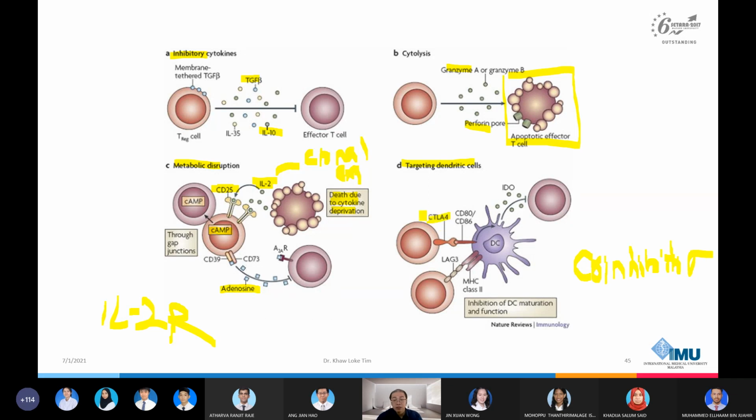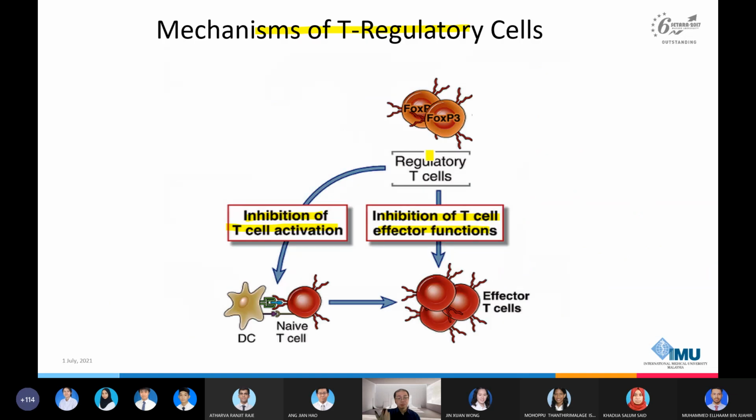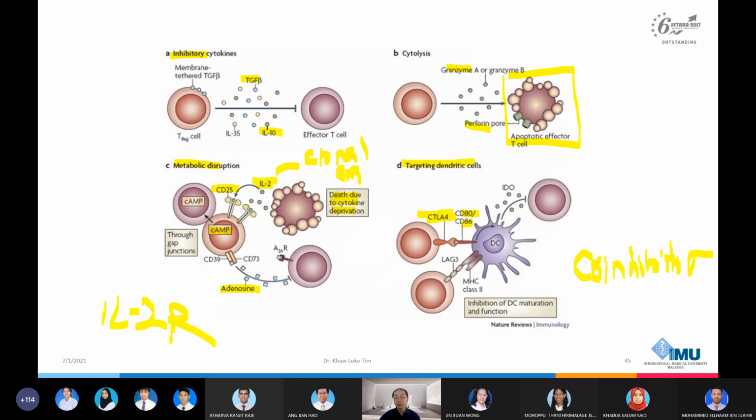For example, CTLA4 binds to CD80 and CD86 of the dendritic cells, which inhibits the dendritic cells from presenting. So all in all, they inhibit T cell activation, or they directly inhibit the effector function. That's how it works.